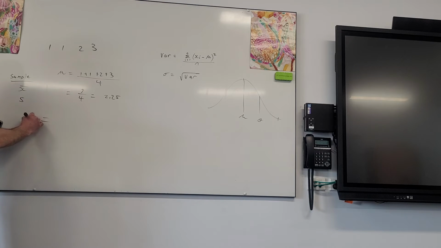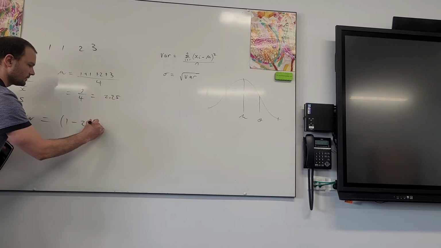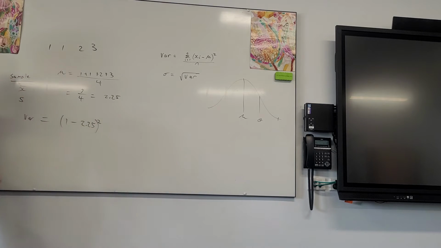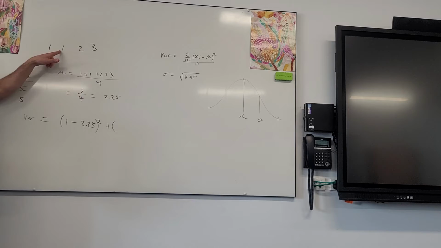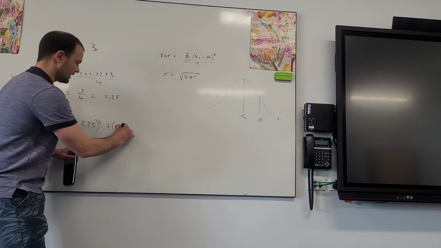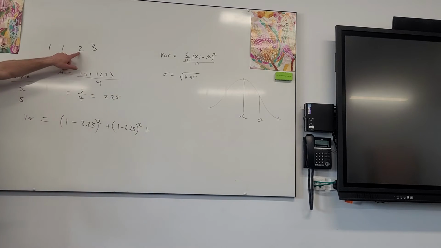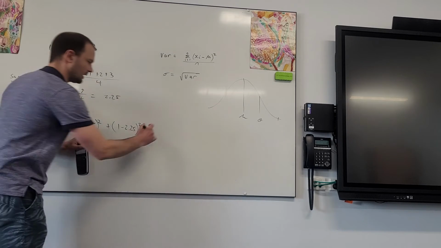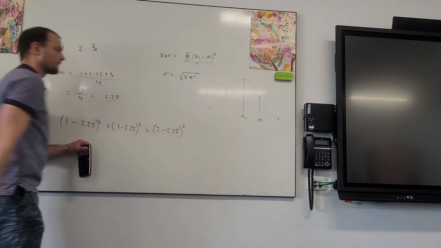So the variance is going to be the sum of each data piece. Okay, so the first data piece is 1. So it's going to be 1 take the mean, squared. The second data piece is also 1, isn't it? It's 1 take the mean, squared. Okay, the third data piece is 2, so we're going to have plus that data piece, take the mean, squared.